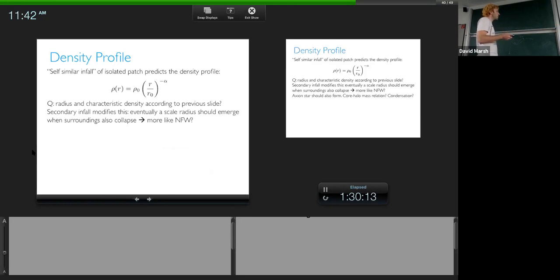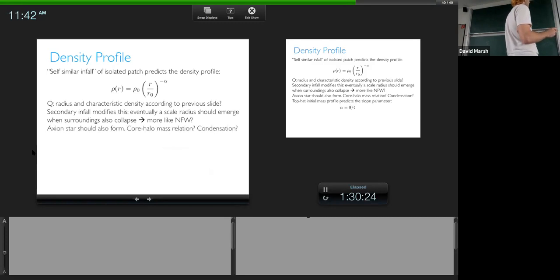This also gets modified by secondary infall. Some scale radius should appear. Maybe something more like NFW. These are all open questions, I think. Axion stars should also form. How is this related to all the processes that we've heard about, condensation, core halo mass relations? I don't know.